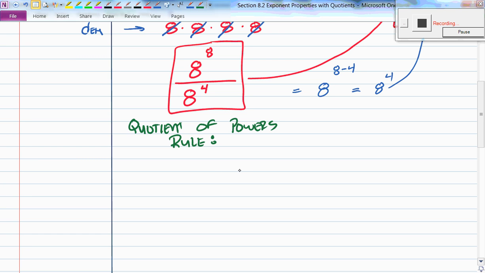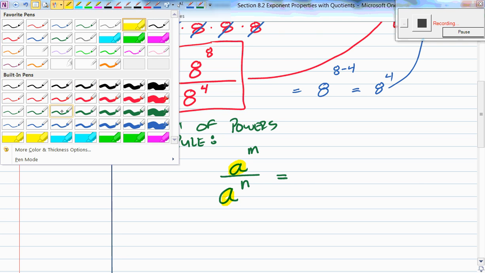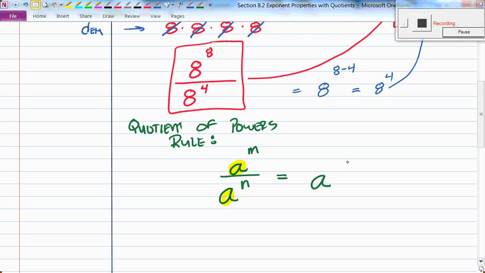It says if you have a raised to the exponent of m divided by a raised to the exponent of n, are the bases the same? Yes, they are. The bases are a, and they are the same. So if the bases are the same and I am dividing, then I am allowed to say this is a to the power of what? m take away n. You guys got it.